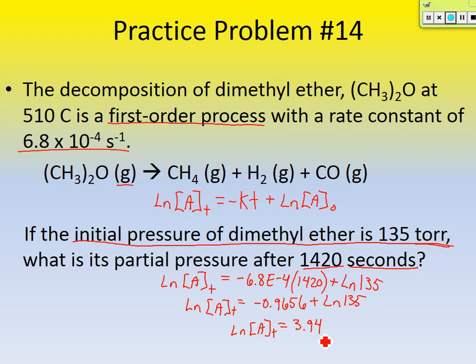3.94. Now, what's the opposite of natural log? E. So we can cancel out our natural log on this side if we do that. So we've got A at some time is equal to e to this power, 3.94. So let's do that.